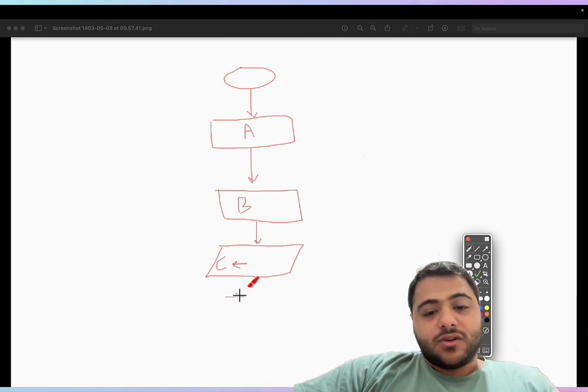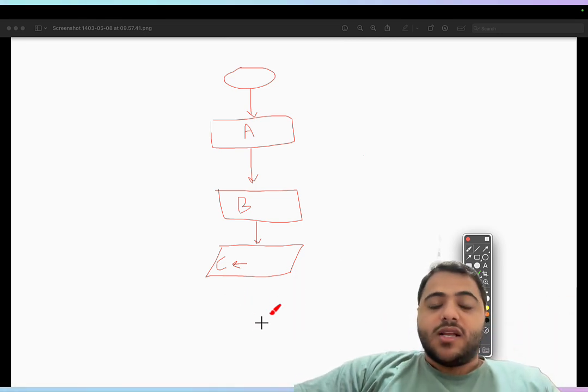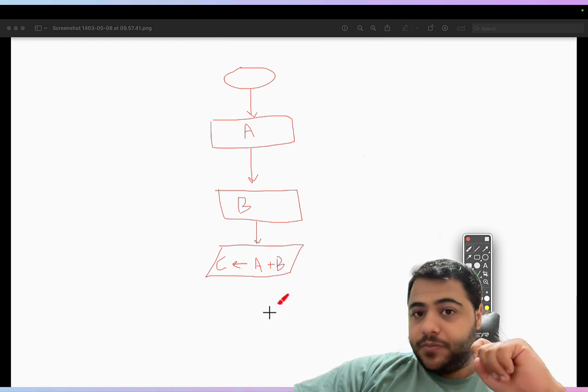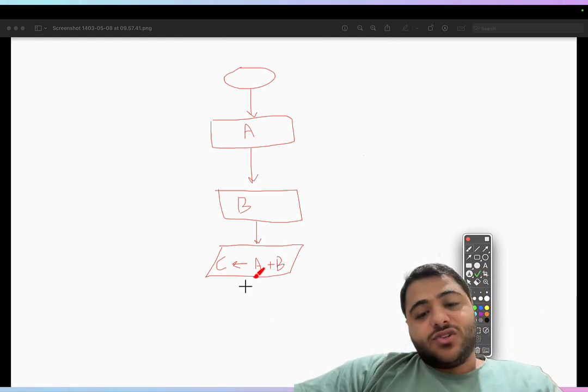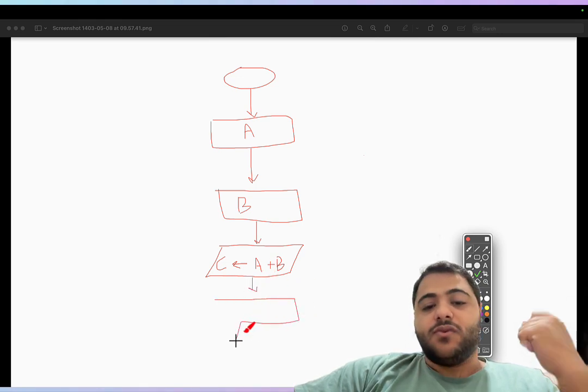This is wrong, so the arrow must always be right to left. We want to assign C A plus B, which means we add them together and the result goes to C. Now that we have the result, we can simply print it by this shape that you are already familiar with.